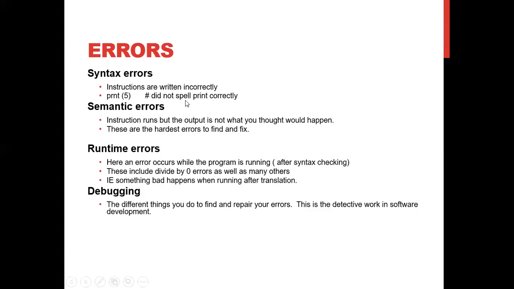For example, if we write the instructions incorrectly, such as a missing semicolon or colon, we call that a syntax error. For example, here print of 5, the spelling of print is not correct. This type of error we call a syntax error.